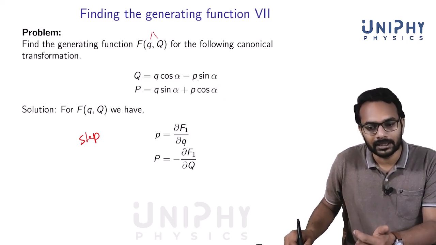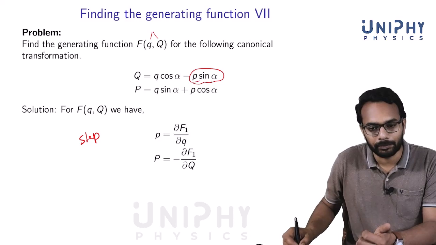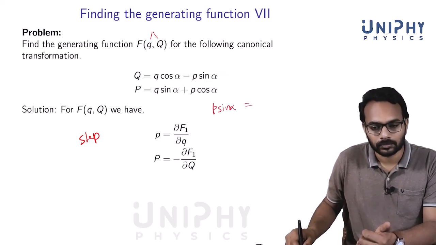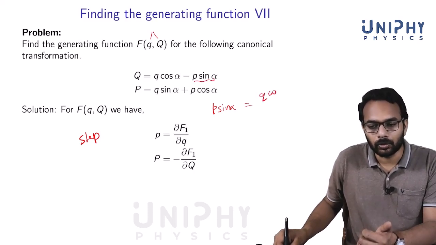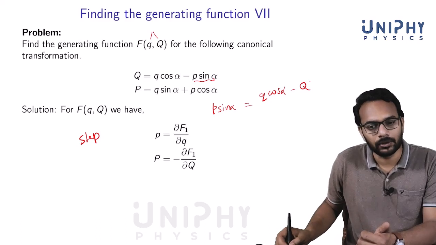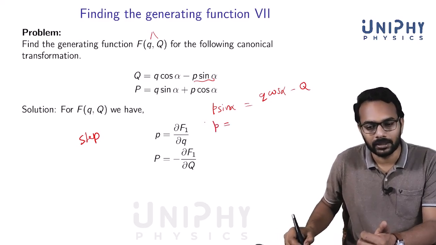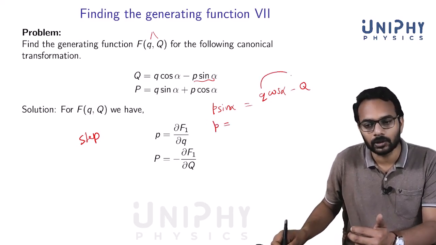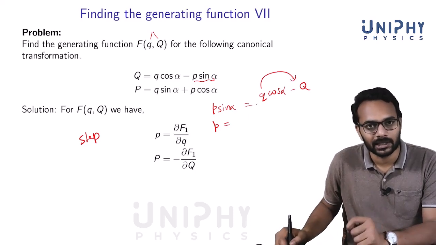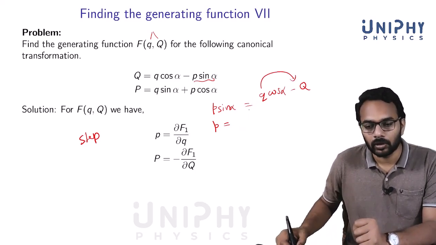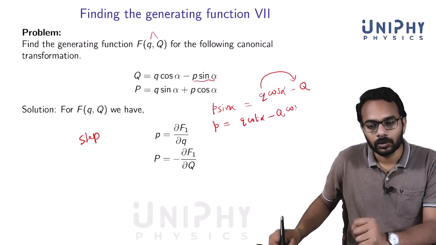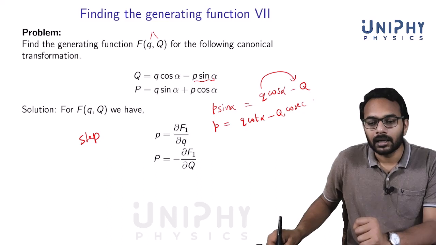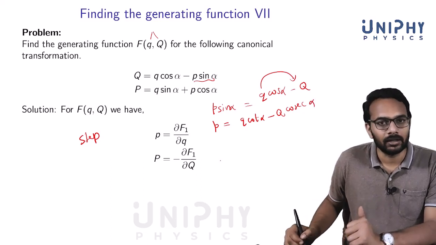So from here you see that it's easy to solve for small p, because p sine alpha is equal to q cos alpha minus capital Q. So from here you see that small p, we got the first equation immediately because this is already a function of small q and capital Q. So small p is equal to q cot alpha minus capital Q cosecant alpha. Divide throughout by sine alpha.